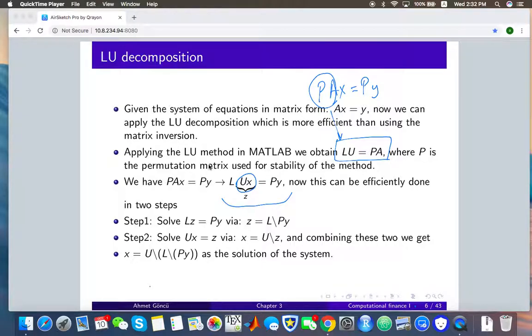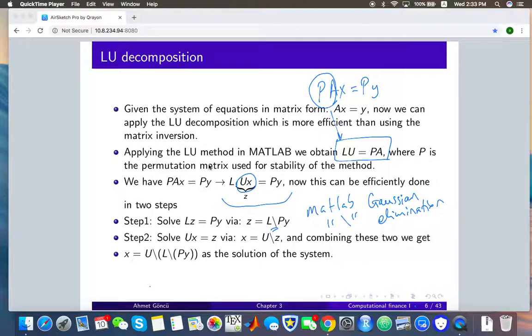First, we can solve the equation L times z equals P times y, and in MATLAB, the Gaussian elimination method corresponds to the backslash operator. So this is simply the Gaussian elimination method which uses this backslash operator.